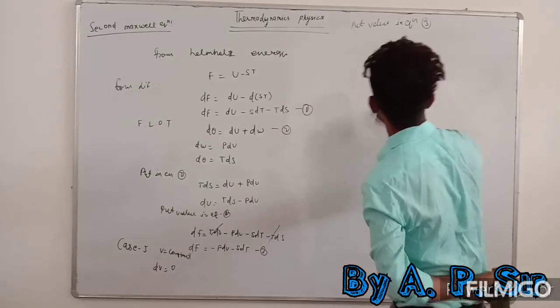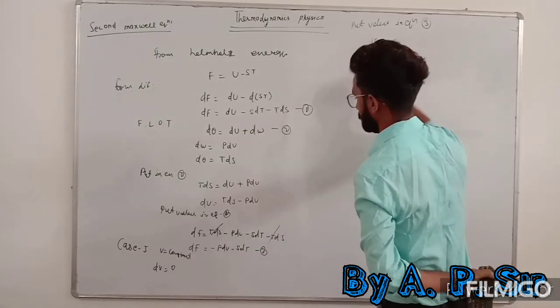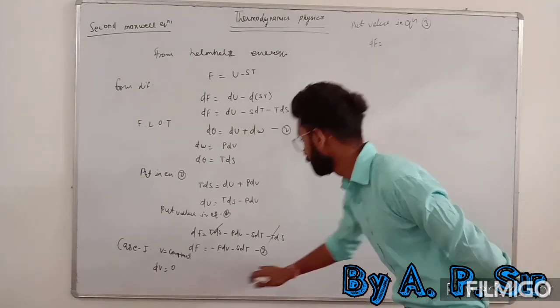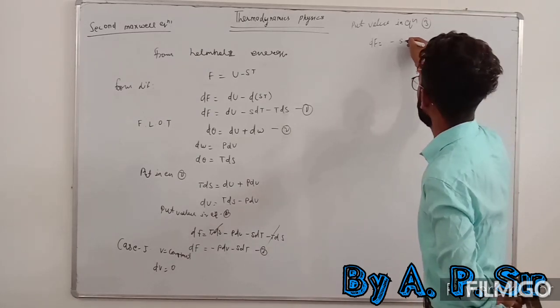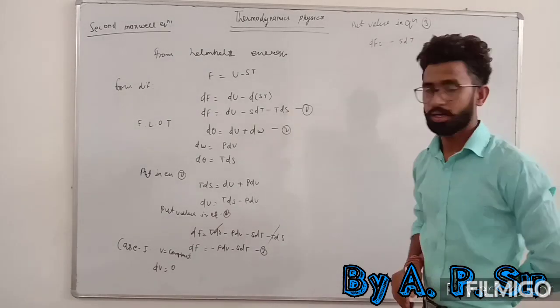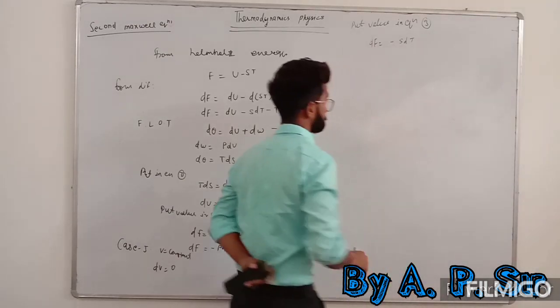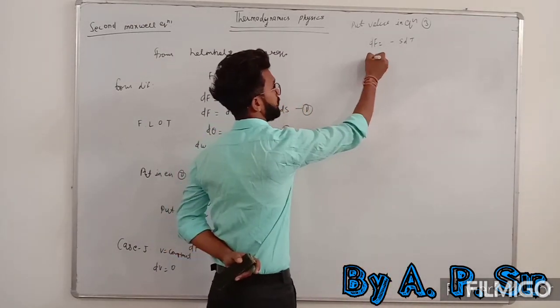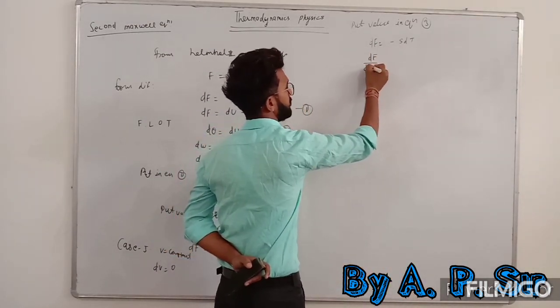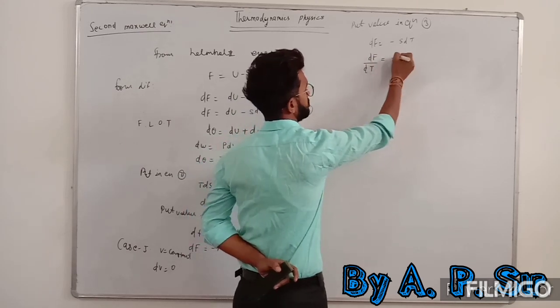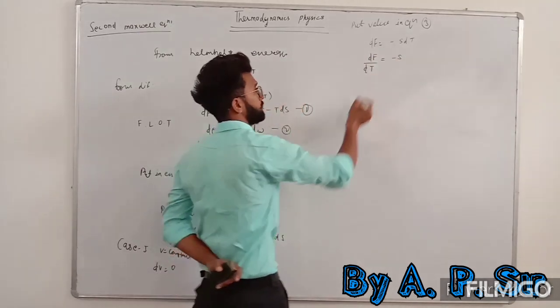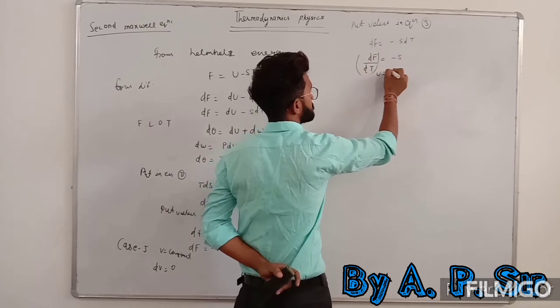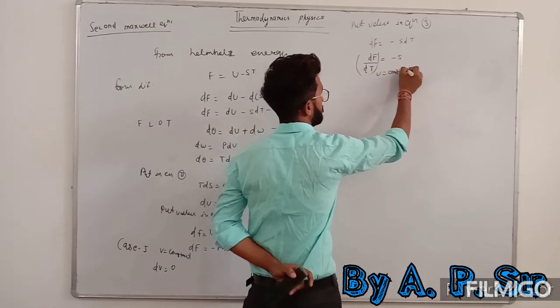Then we obtain dF is equal to minus SdT. Okay, the next term: dF upon dT equals minus S, there V equals constant.